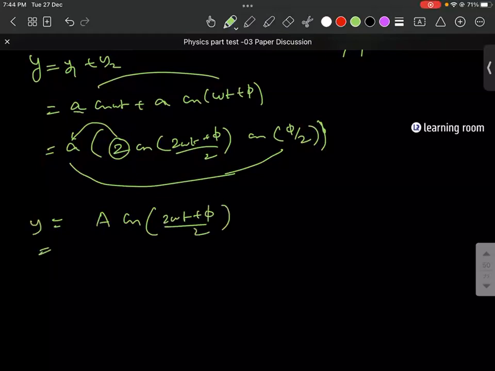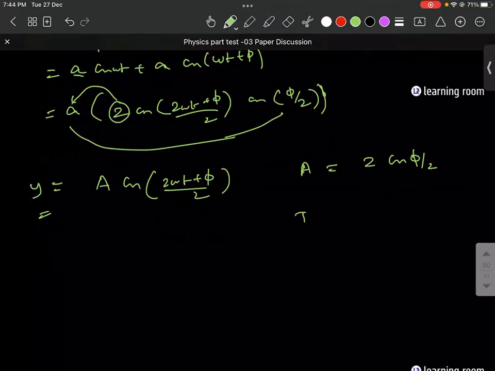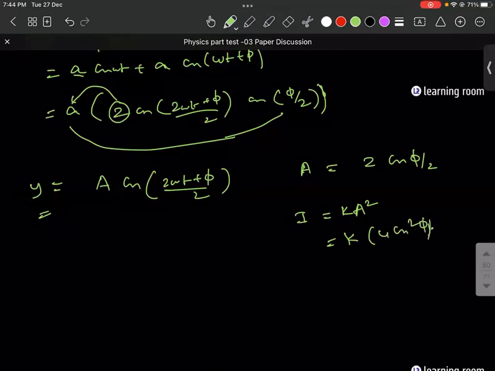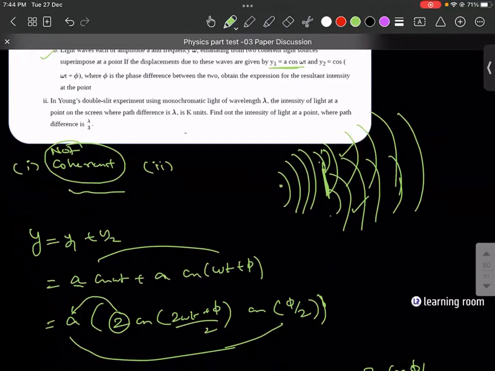Now, what is going to be the amplitude of the resultant? The amplitude of the resultant will be 2a cos phi by 2. So, what will be the intensity? Intensity is equal to k times A square. So, it will be 4k a square cos square phi by 2. This is going to be the intensity of the resultant according to the waves that they have given.